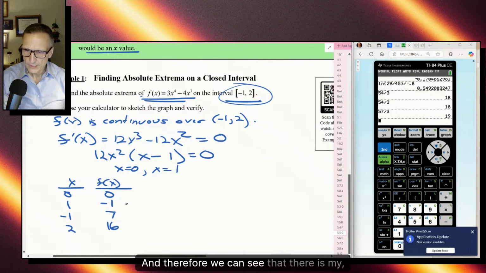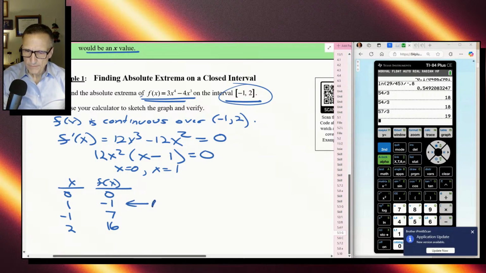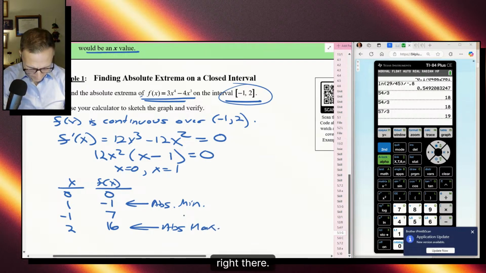And therefore we can see that there is my absolute or global minimum, and there is my absolute maximum right there.